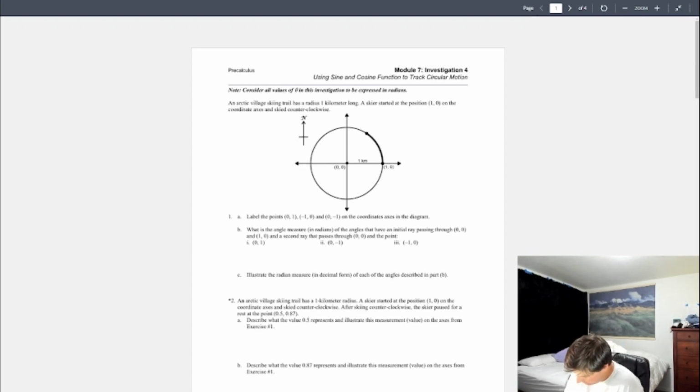And it's asking for 180. So just 3.28. Oh, 3.14. 270.